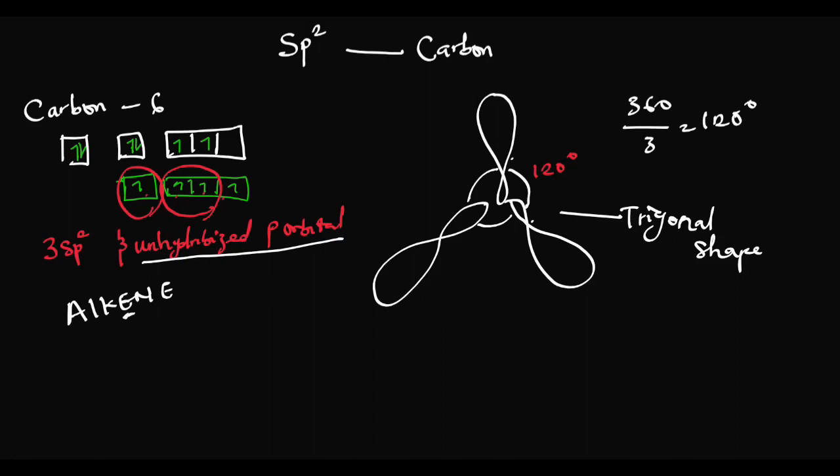What's the first member of alkene? It's actually ethene, which is C2H4. So it looks something like this.